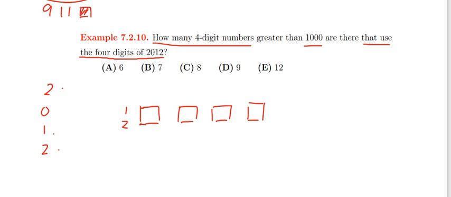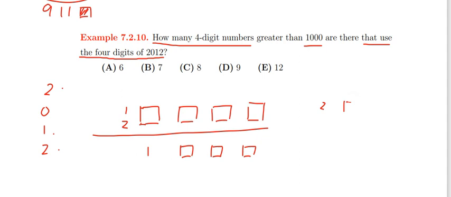Let's split into two cases: the first one is 1, or the first one is 2. If the first is 1, then we have 2, 0, 2 to put in the 3 remaining positions.